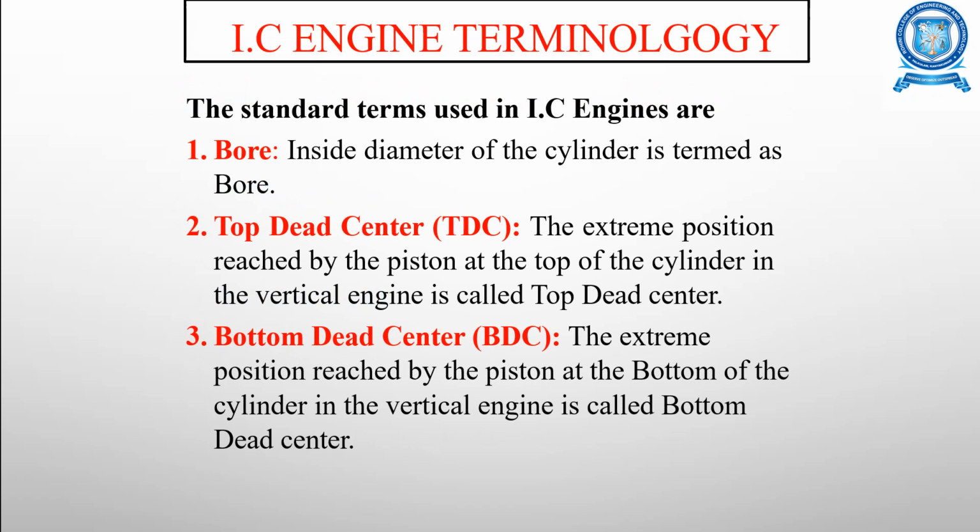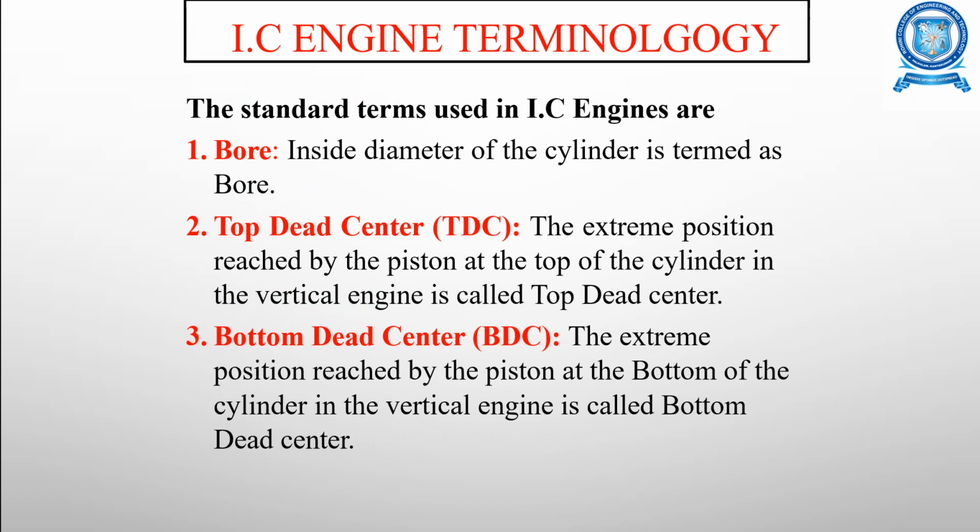So these are all the IC engine terminology. These are all the standard terms used in IC engines. The first is bore. That is the inside diameter of the cylinder is termed as the bore. And TDC, that is the top dead center, that is the extreme position when the piston has reached the top of the cylinder in a vertical engine.